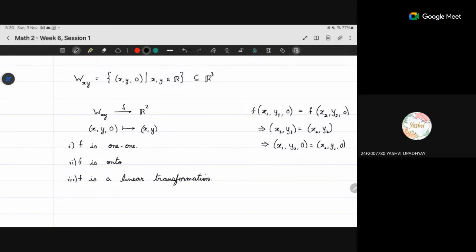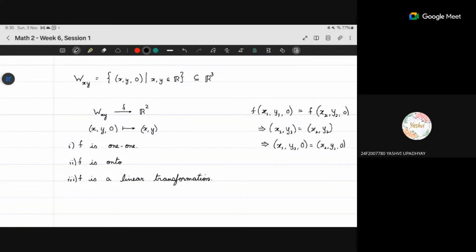Similarly, to check something is onto, you have to take any element in the target space. In this case, it is R2. And you have to manufacture a pre-image. You take any xy, you can always look at the element xy0 in W. Of course, that's a pre-image for xy. And f being a linear transformation is easy to check.